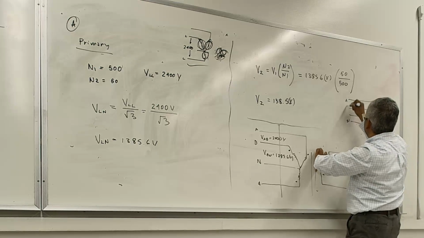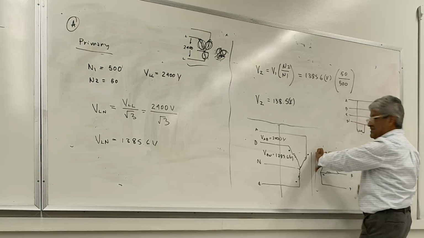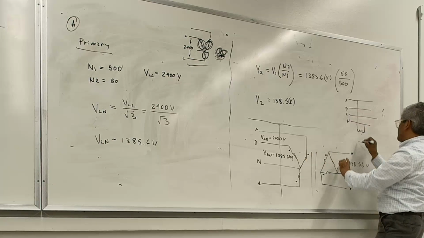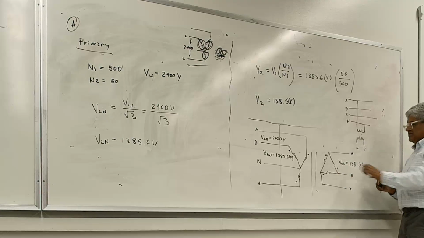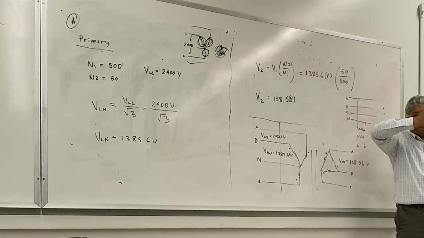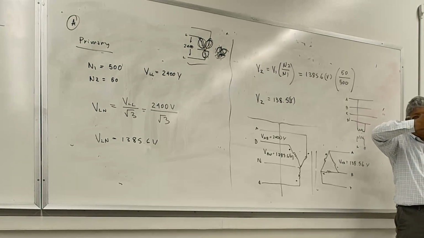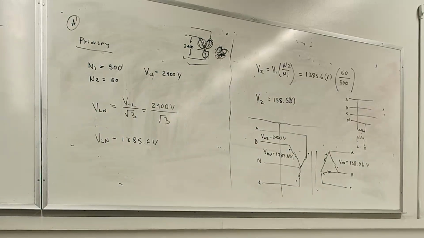A, B, and C. So I have this winding like this, and on the other side I have A and B. Does that make sense? Yeah. So I have those three, so internally the core looks like this. Let me do it this way.